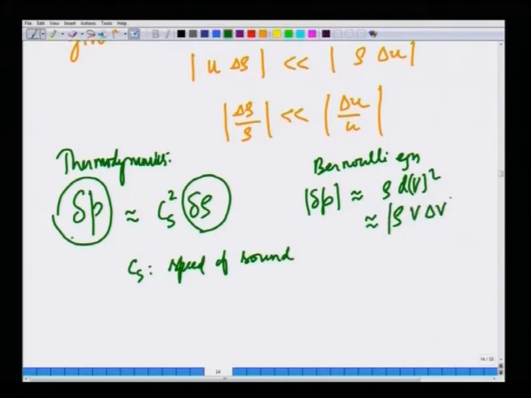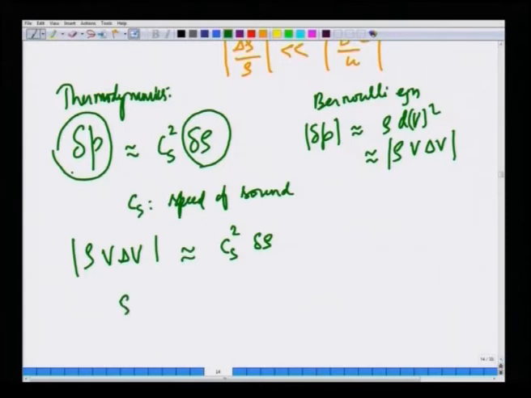Okay. So, rho v del v, the magnitude of that, is approximately equal to Cs squared del rho. So, del rho is approximately rho v del v by Cs squared. So, we will substitute this out here.